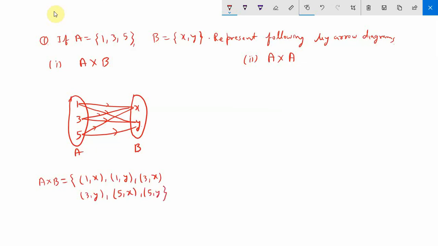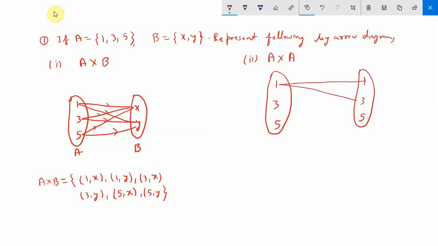Next we will draw set A and again set A, for A into A. So 1, 3, 5. Next one is set A only, 1, 3, 5. So we will join arrows like this.